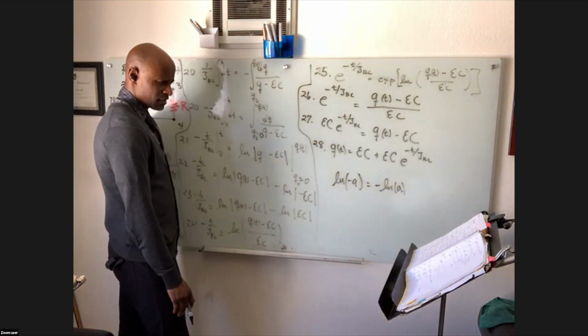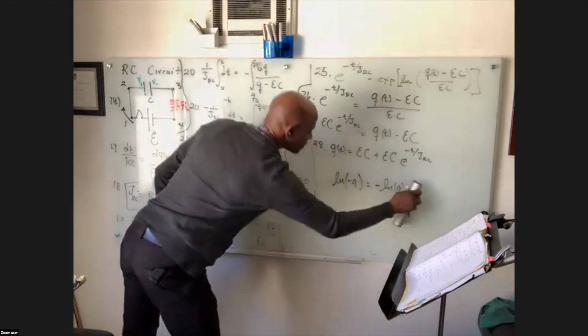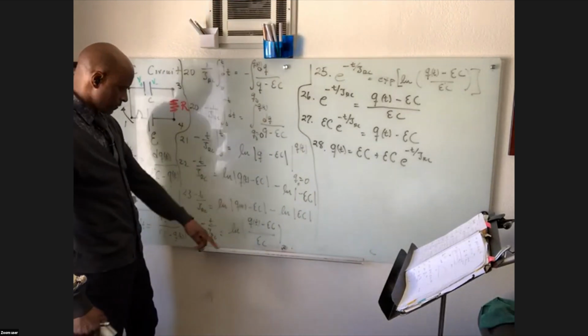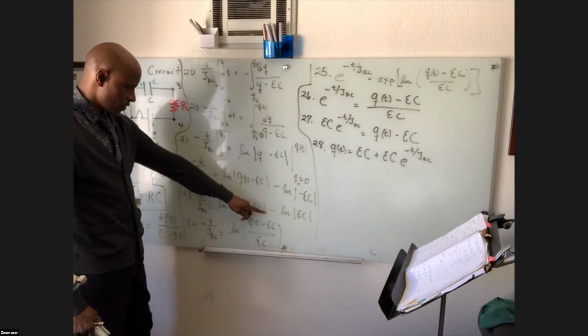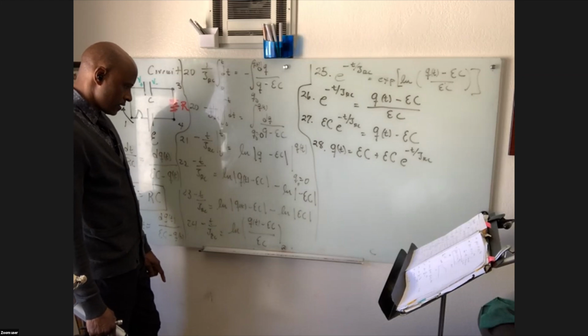Is that a property? I don't think so, but once you remove the log, it doesn't need to be positive anymore. Once I remove the log, it doesn't need to be positive anymore.